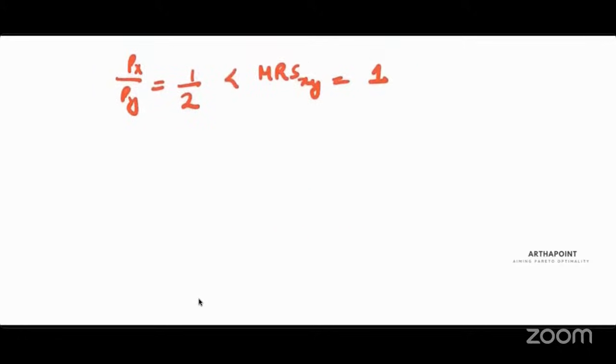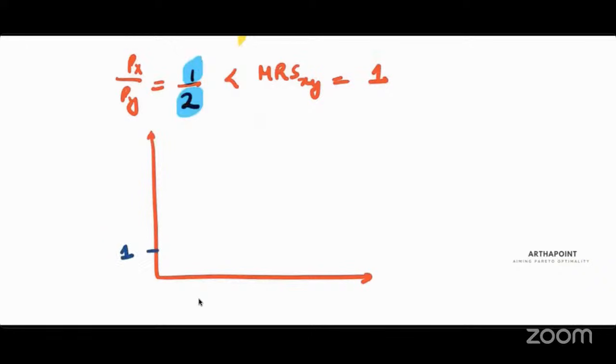Now, notice what I'm going to do. Half means perpendicular is 1 and base is 2. So perpendicular is 1 and base is 2. This is your budget line slope.